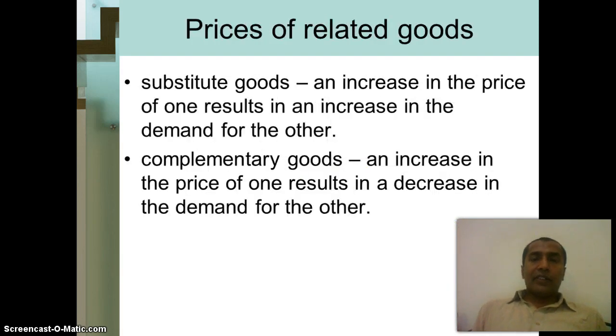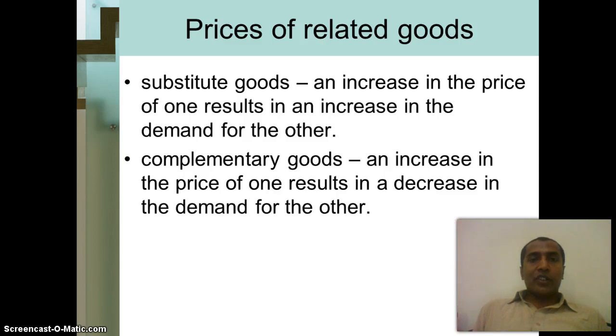Then price of related goods also affects demand. An increase in the price of one results in an increase in the demand for the other good if the goods are substitutes. For example, Pepsi and Coke, as we know, are substitutes. If the price of Pepsi increases, demand for Coke will also increase. Why?